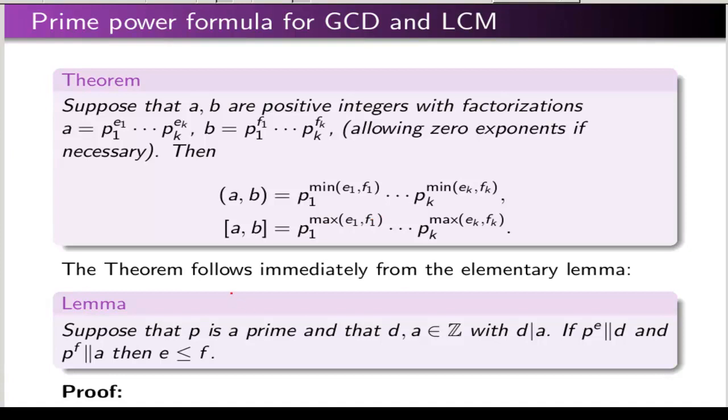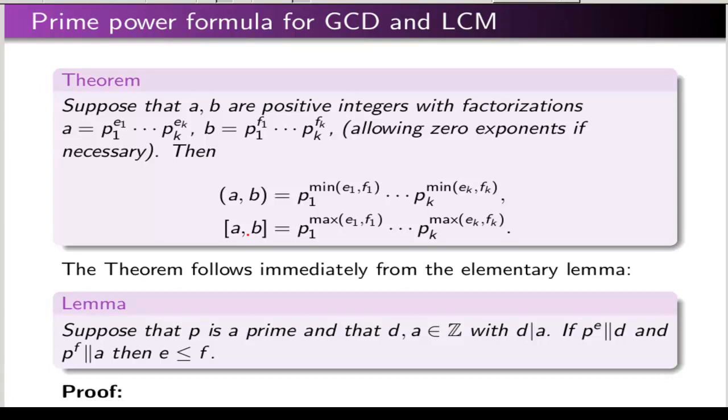To be a divisor of A and B means the power of P that appears as a common divisor has to be smaller than the power of P occurring in both A and B. And so you want to take the minimum. Whereas to be a multiple, the power of P occurring in a common multiple has to be at least as big as the power of P occurring in each of A and B.